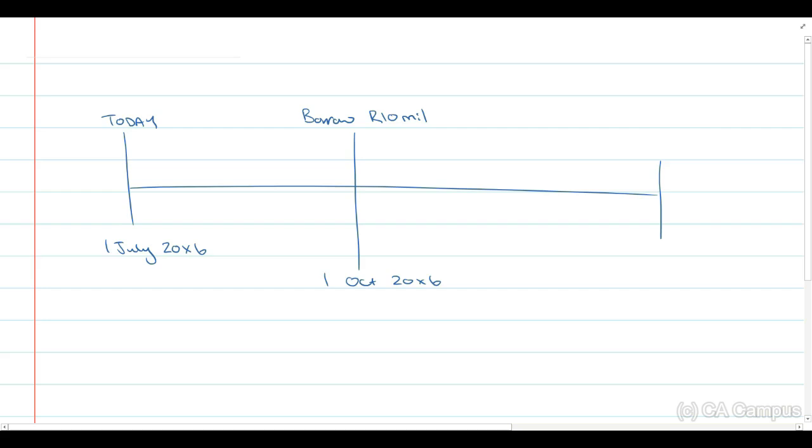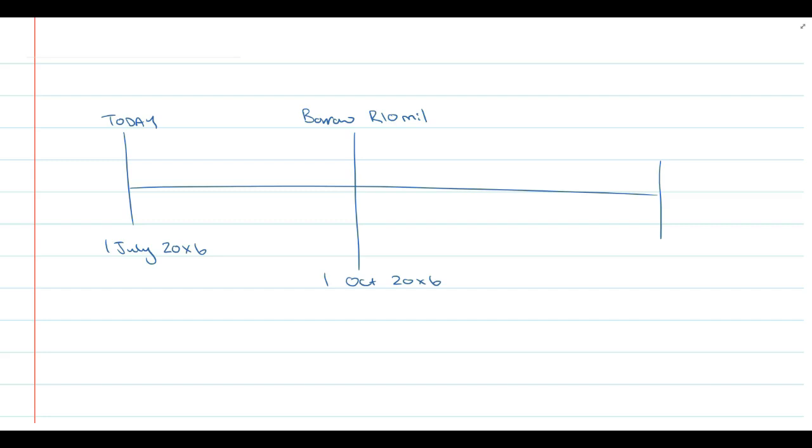What else are we told? They are worried that interest rates are going to increase before they actually enter into this loan agreement. So from today until the date that they actually enter into the loan agreement, they are worried that interest rates are going to increase. So they are trying to hedge against the increasing interest rates during this period over here.